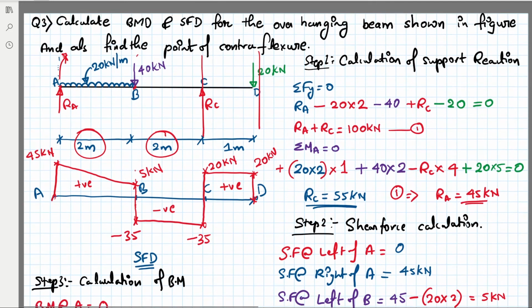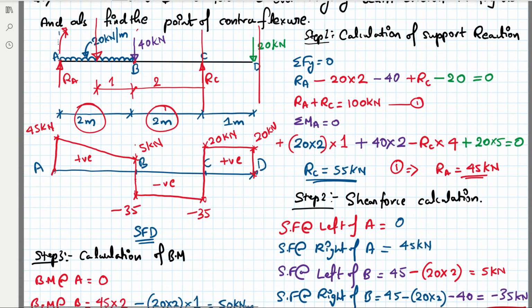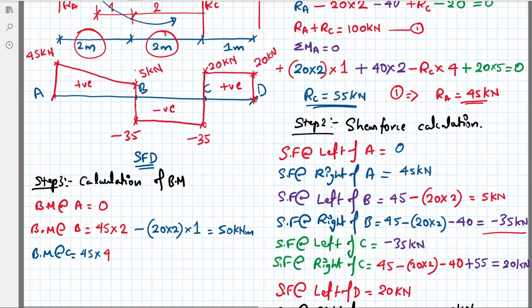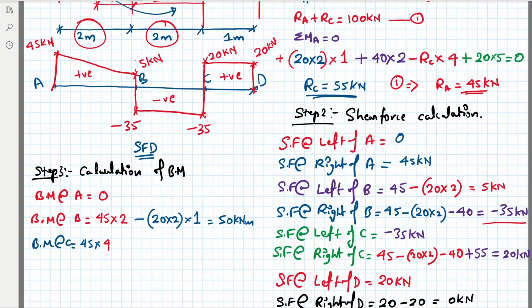Again UDL, if I convert that into a point load, it is going to act somewhere here. So total distance, that is 1 meter plus 2 meter, total 3 meter. It is going to rotate in anti-clockwise direction. On the left side of the section, anti-clockwise is minus. So the value is 20 into 2 into (2 plus 1) as the distance.